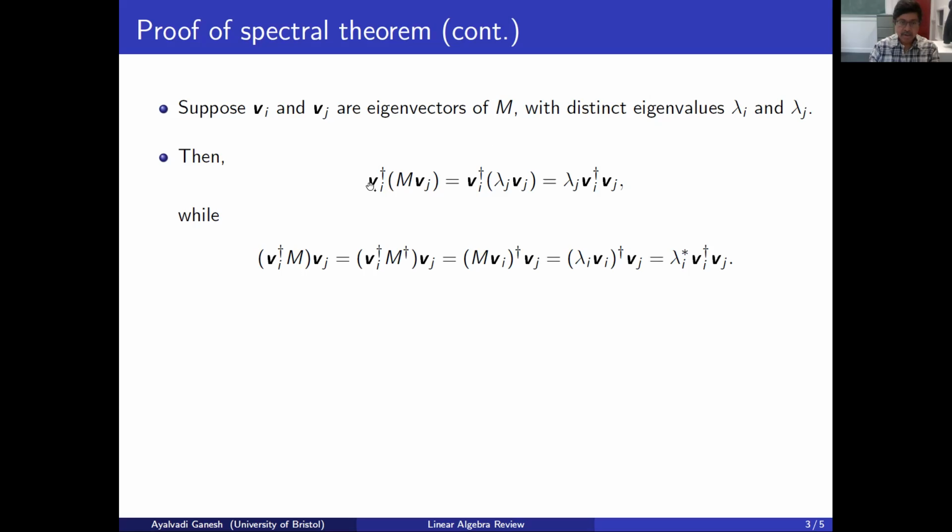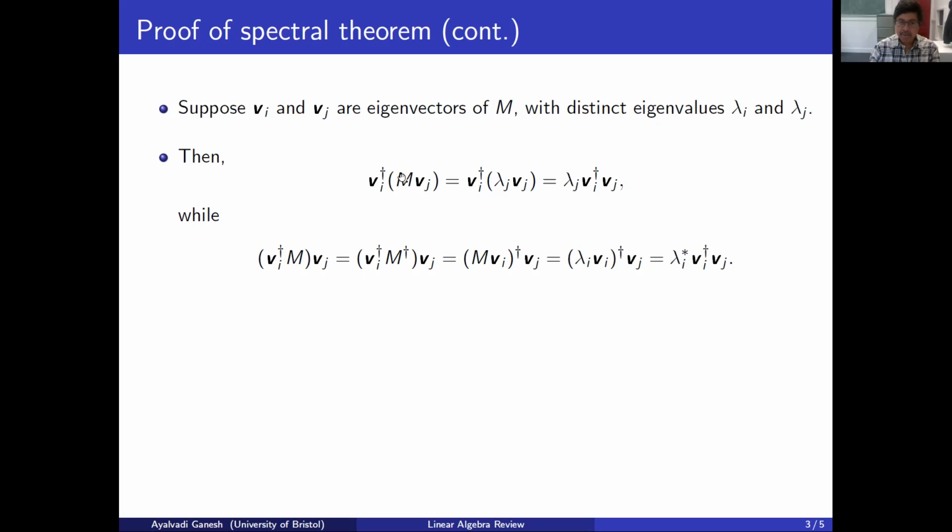Then using associativity, this is the same as first doing the multiplication of Vi dagger with M and multiplying the result by Vj. Since M is Hermitian, we can replace that by Vi dagger M dagger, which becomes (M Vi) Hermitian conjugate. But M Vi is lambda i Vi. Taking the Hermitian conjugate of that gives us lambda i star Vi dagger.